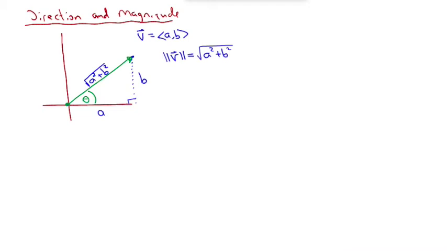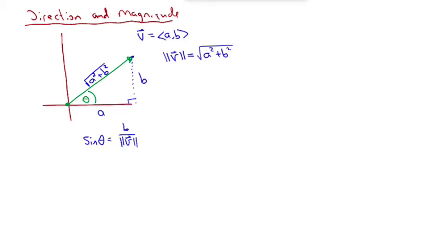If I set up sine of theta, it equals b over the magnitude of the vector. I'm just going to leave it as the magnitude of the vector, rather than square root of a squared plus b squared.